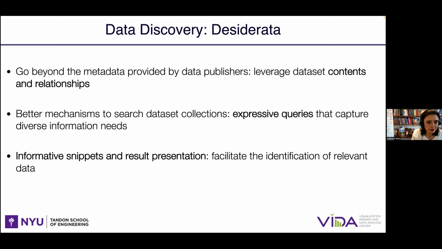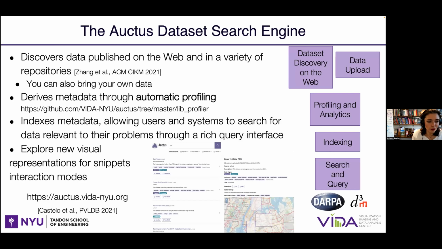So looking at the data, we started to work on a dataset search engine, which we call Auctus, that tries to rethink this problem of search with datasets in mind.